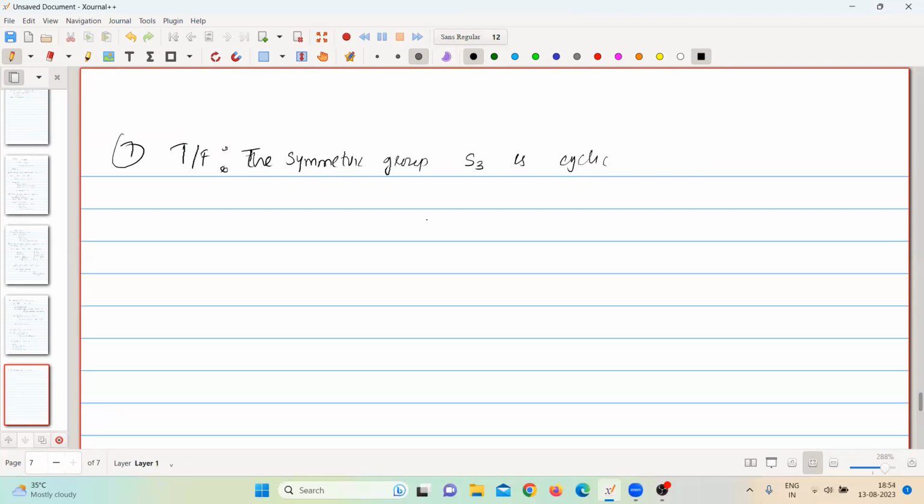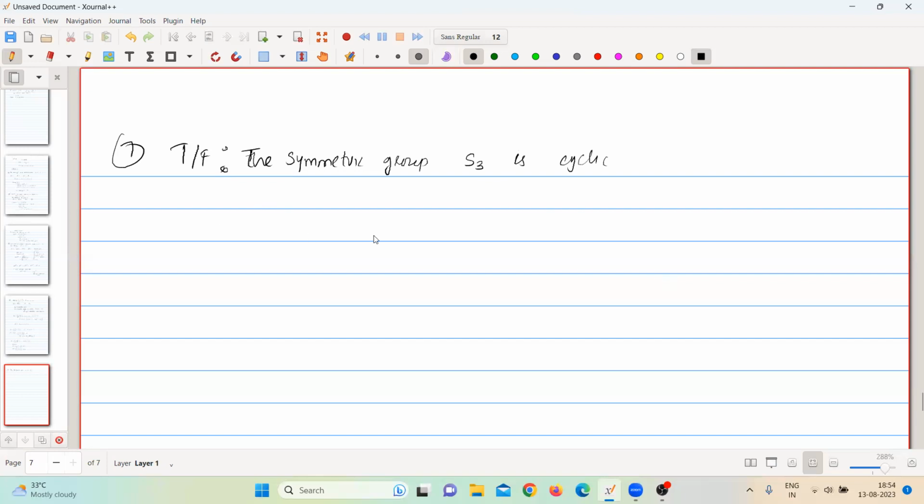Anyone knows this answer? We have already given what S3 is in the above question. If you know the definition of cyclic, you can easily say whether it is cyclic or not. Any guess? Yes, it is cyclic.